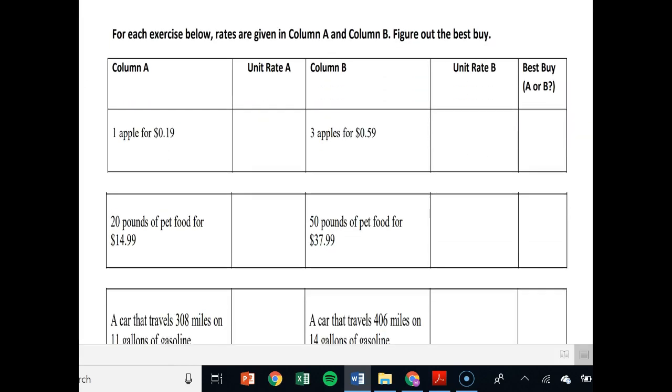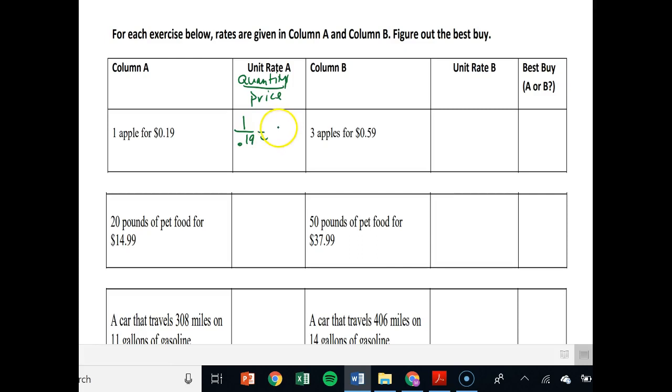All right, on the back side, real quickly, I'm going to go ahead and talk to you about unit rate. Unit rate is just the quantity, how much you have of something over its price. And then basically we're just going to find out what the better buy is. So 1 over 0.19. So what is 1 divided by 0.19?